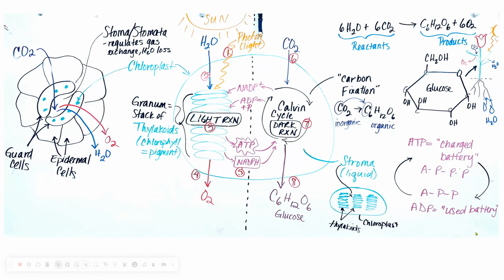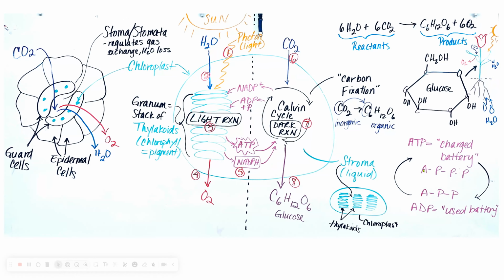And then down here, I just have a little visual, if you will, for ATP. ATP is adenosine triphosphate. It's an adenosine molecule attached to 3 phosphate molecules. And this is kind of like the charged battery. When the energy in this molecule is used, we have ADP, or the used battery.